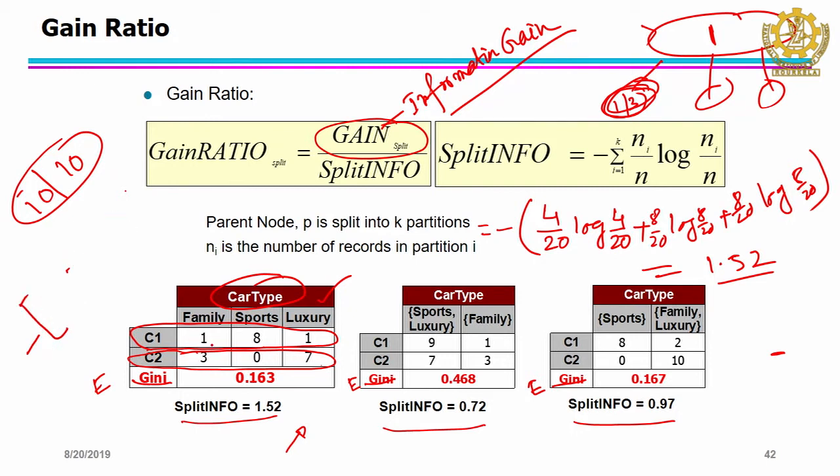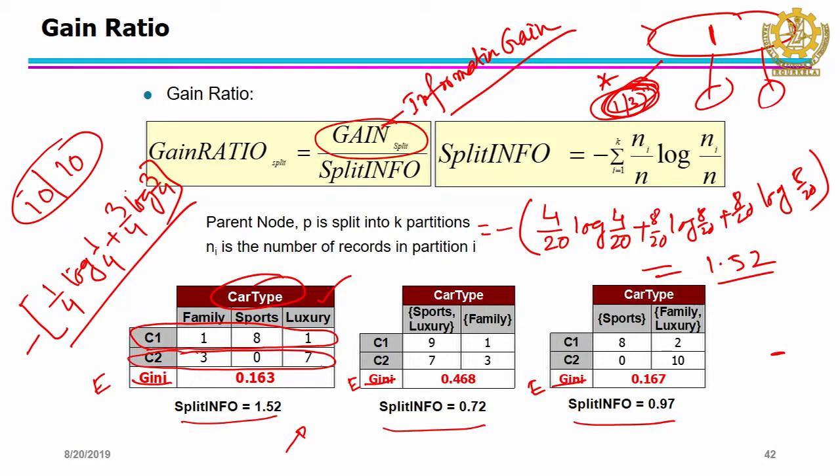One object belongs to class C1, another belongs to the other class. So, probability of class C1 is 1 by 4, 1 by 4 into log 1 by 4 plus 3 by 4 into log 3 by 4. That will be the entropy for this node, and for this node it is 8, 0.